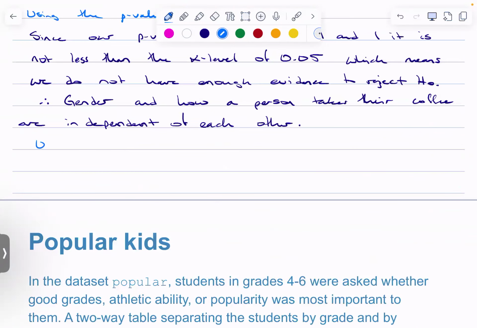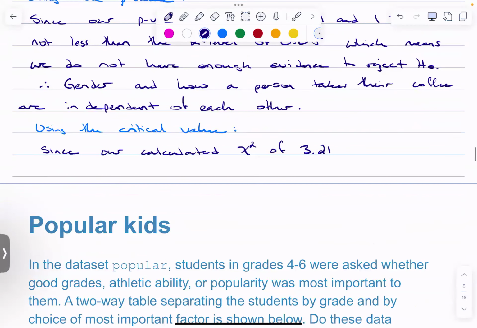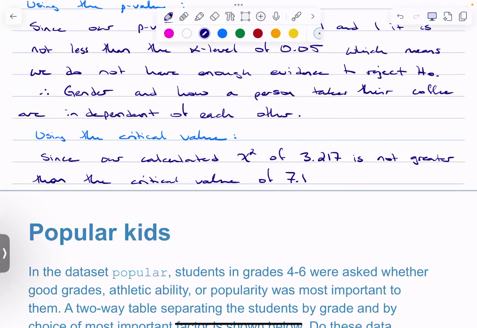I want to keep it all on this page, but using the critical value, since our calculated chi-squared of 3.217 is not less, or sorry, is not greater than the critical value of 7.81, we do not have enough evidence to reject H naught.